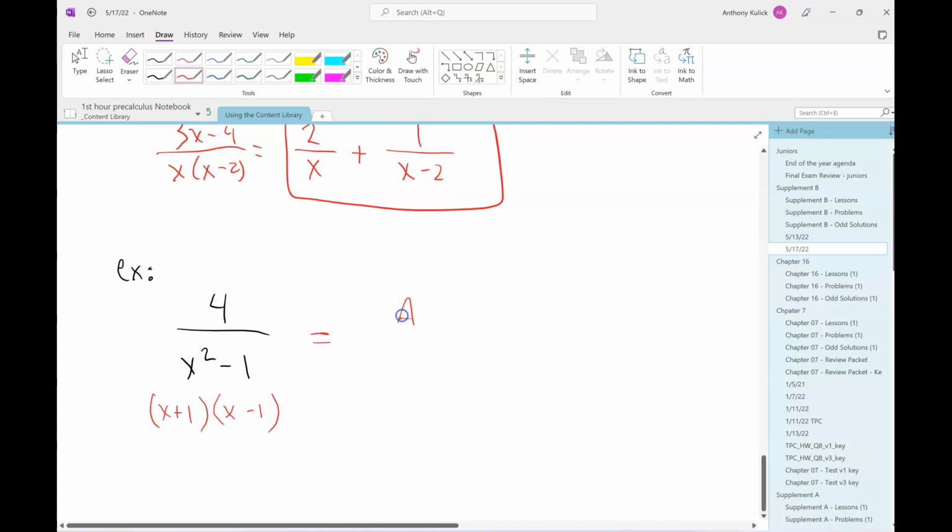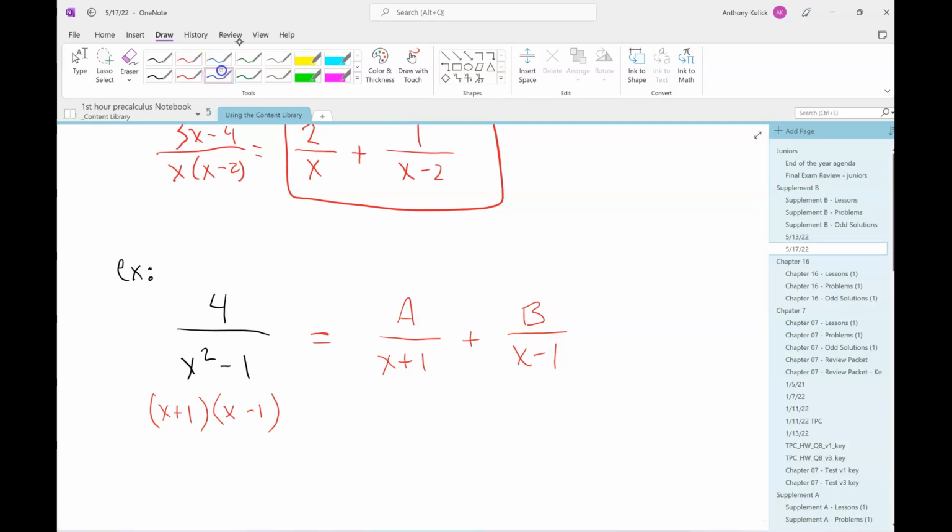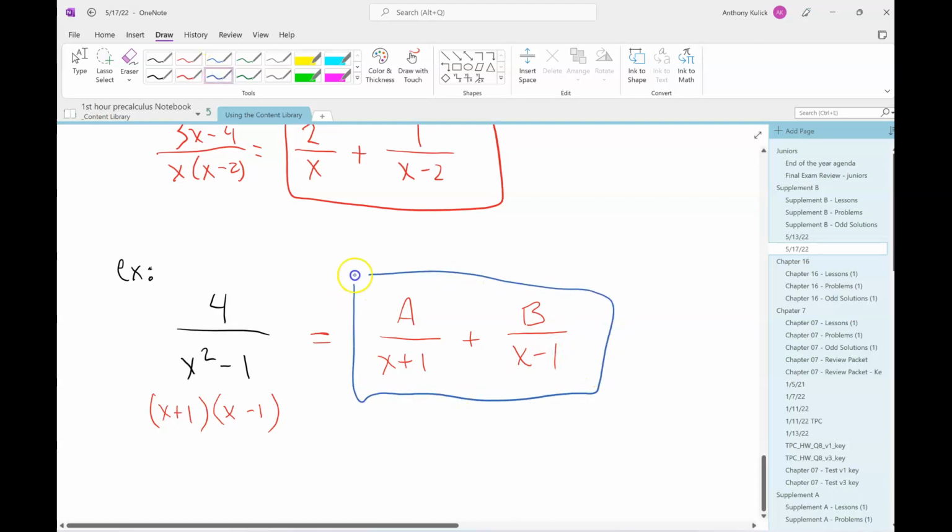So I can write then this would have been something over x plus 1 plus something else over x minus 1. Just FYI, this step is called the partial fraction decomposition. I know that's a mouthful.